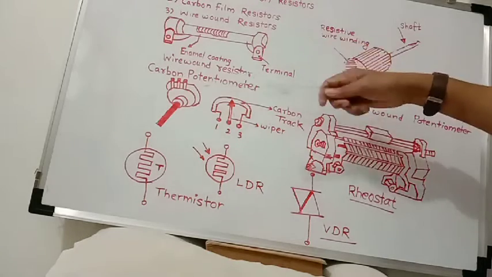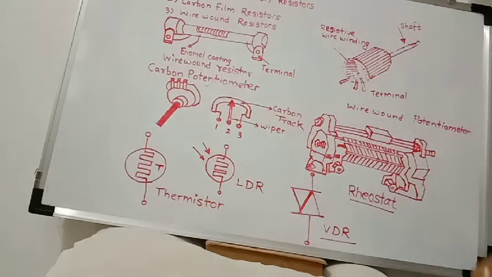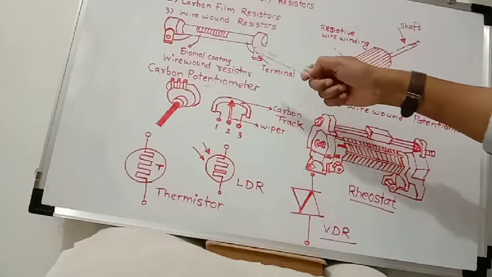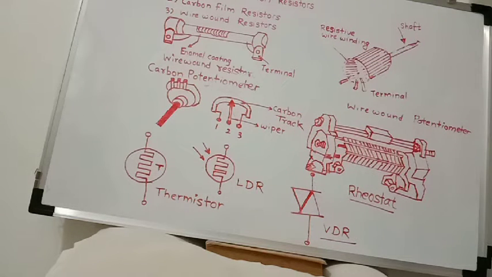The winding is coated with powdered glass, which is called enamel coating, and then it is heated to produce the coating. This coating is known as vitreous enamel coating.